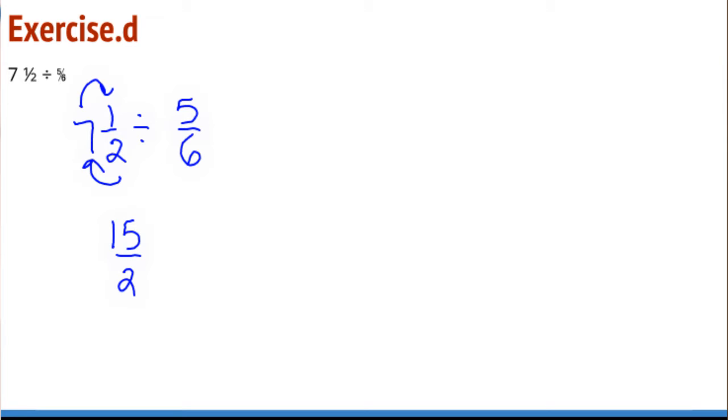7 1/2 divided by 5/8. Nope, 5/6. I'm going to have to fix these slides here. 2 times 7 is 14, plus 1 is 15. 15 halves divided by 5/6. 15 halves times 6/5.